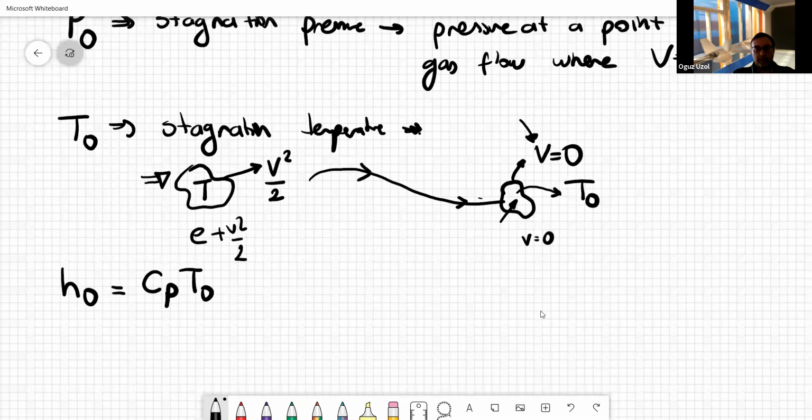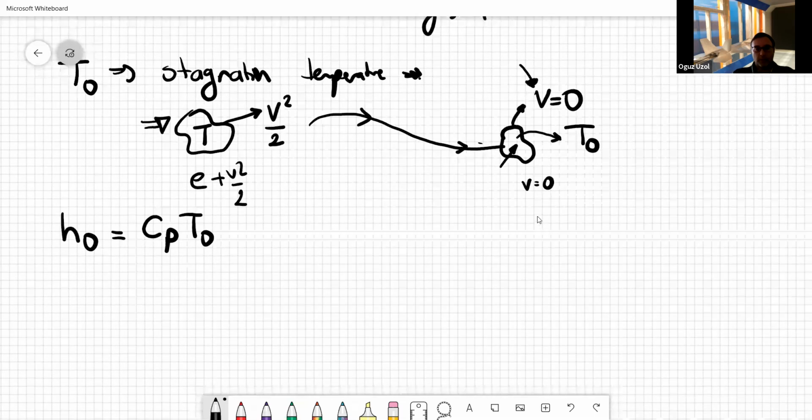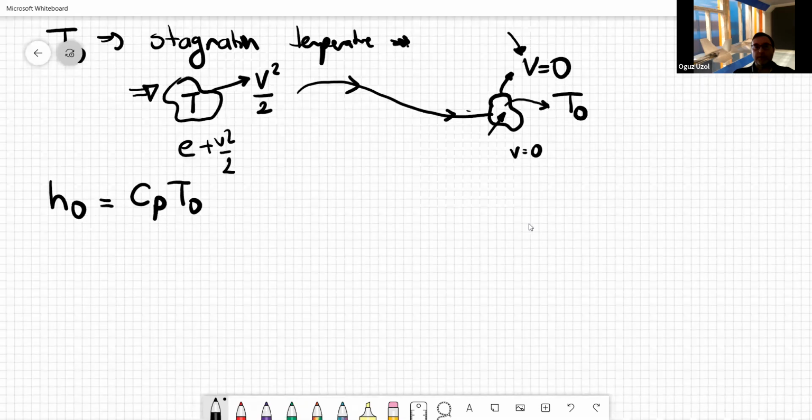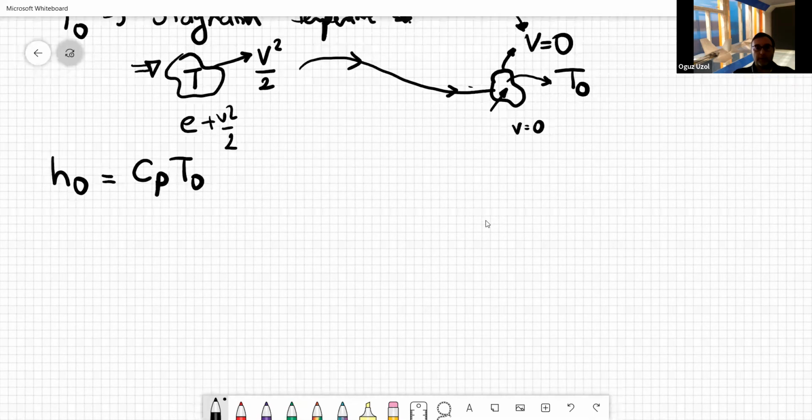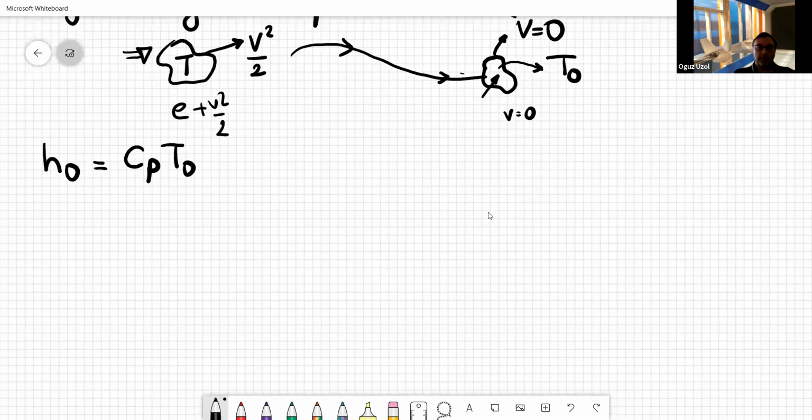So it will be very important for us to understand what happens to what we will now call stagnation quantities, as the fluid experiences certain flow physics as it is moving at high speed around flying vehicles. Those flow physics we will start discussing in a few weeks, like shock waves and expansion waves.